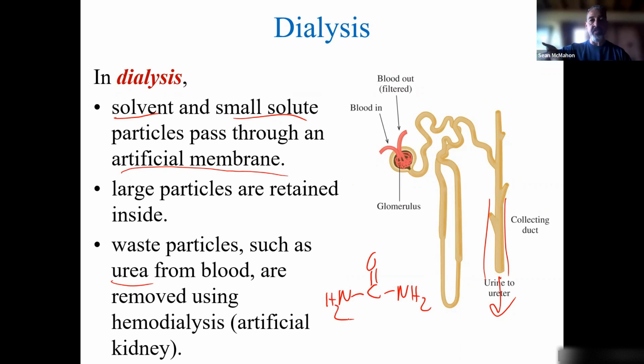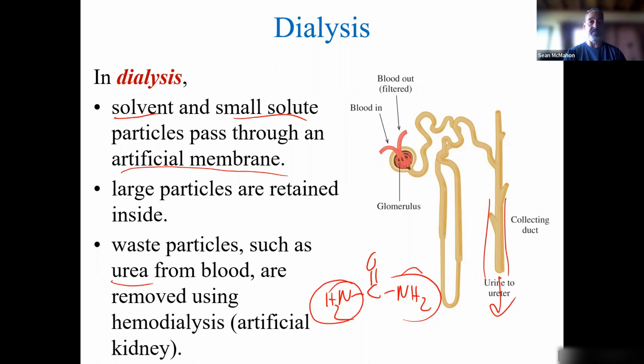But you want to remove this from the blood, right? Because it's a waste product. It's a way for us to get rid of the amines in blood from deamination with protein breakdown. And large amounts of amine aren't good because amines are weak bases. So we need to get rid of any excess. So we do this by filtering our blood and using our nephron, okay?